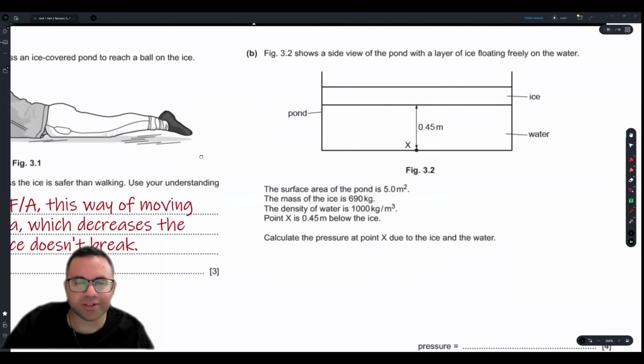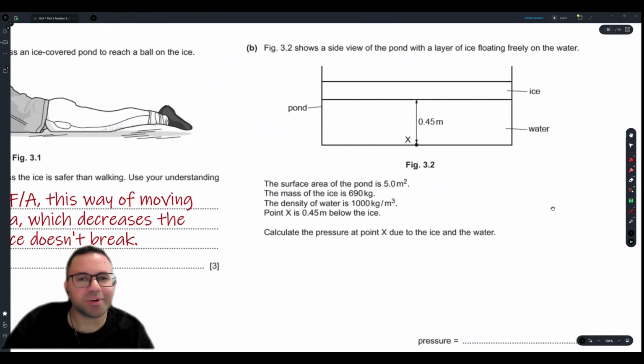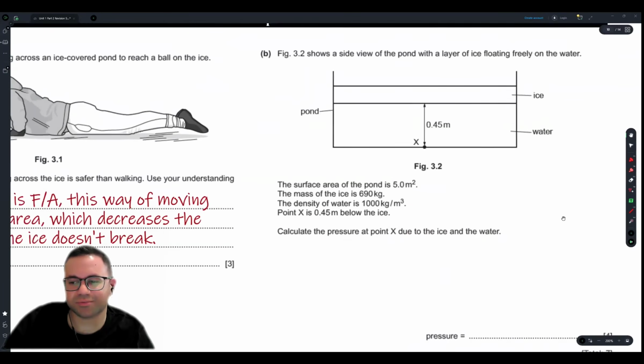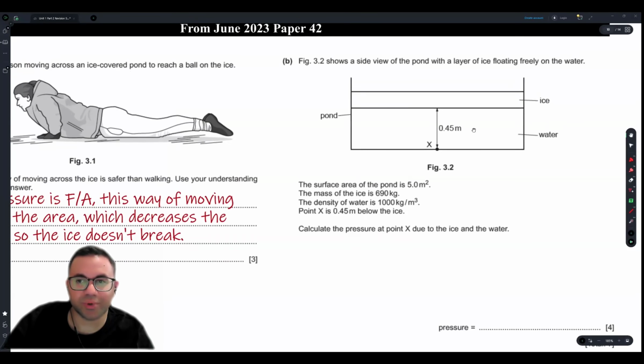And then finally, this one was a doozy. I remember getting this in a test once, and people just went crazy, thinking this is way too hard. It's not very hard, by the way, but you need to understand the whole total pressure concept a little bit differently. Figure 3.2 shows a side view of a pond with a layer of ice floating freely on the water.